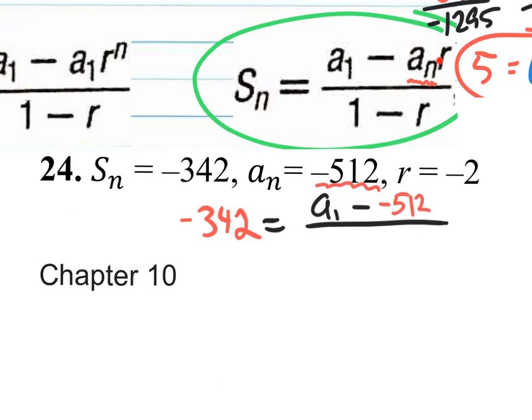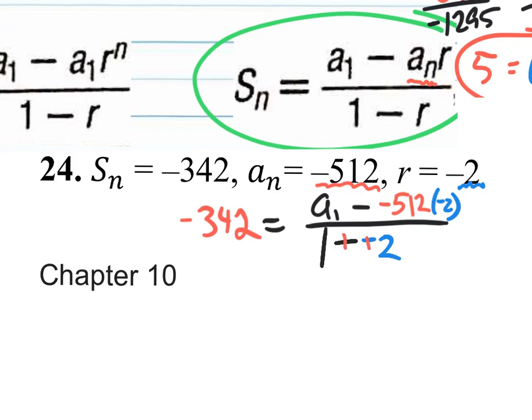But then again, we have times R, and R is negative 2. R is negative 2, so we put times negative 2. And of course, this is all divided by 1 minus R, which is negative 2. So we really have 1 minus negative 2. And of course that minus minus in the denominator changes to plus.